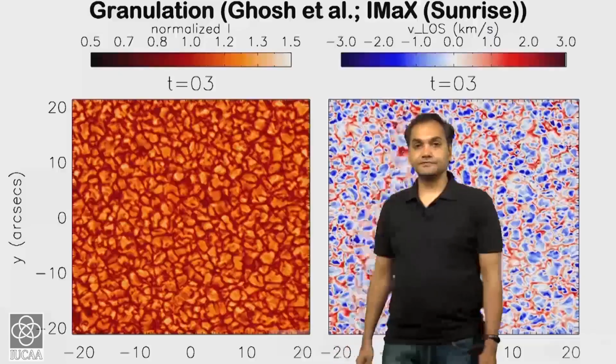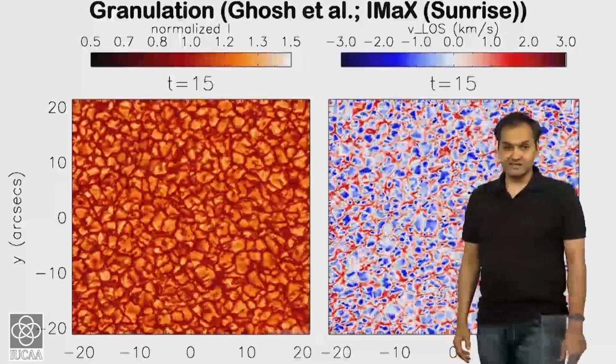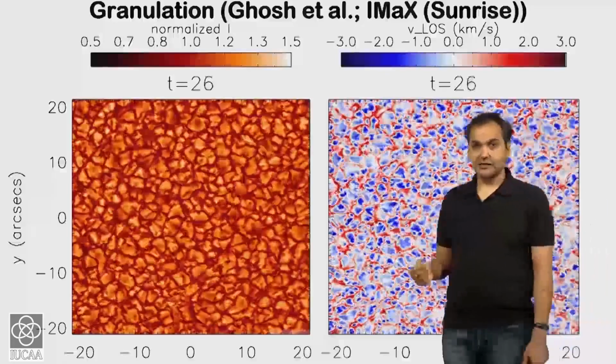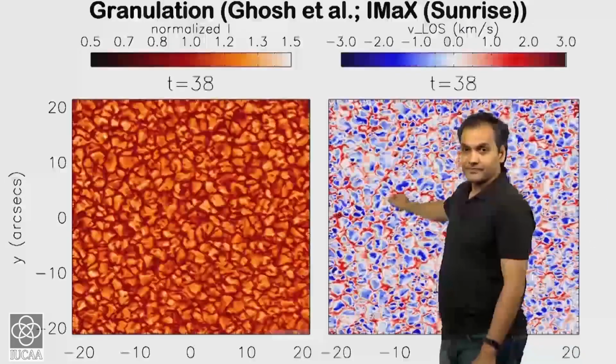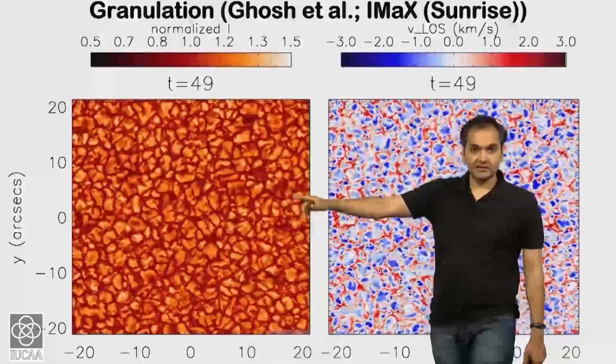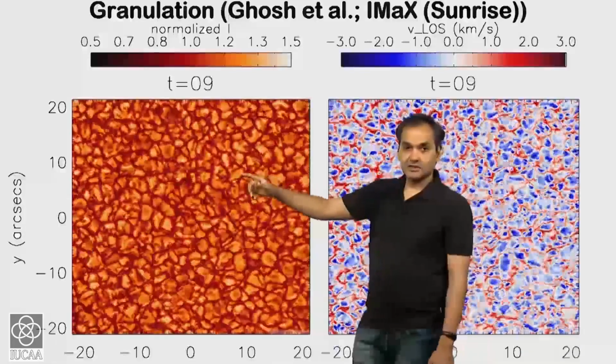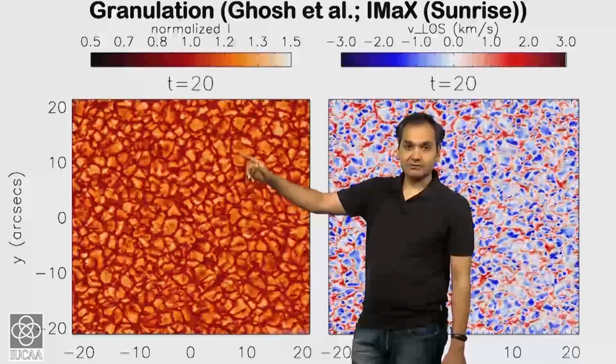Now if you do Doppler imaging in the same wavelength, the same layer, what you see in this panel is the intensity, where bright means hot and dark means cool.